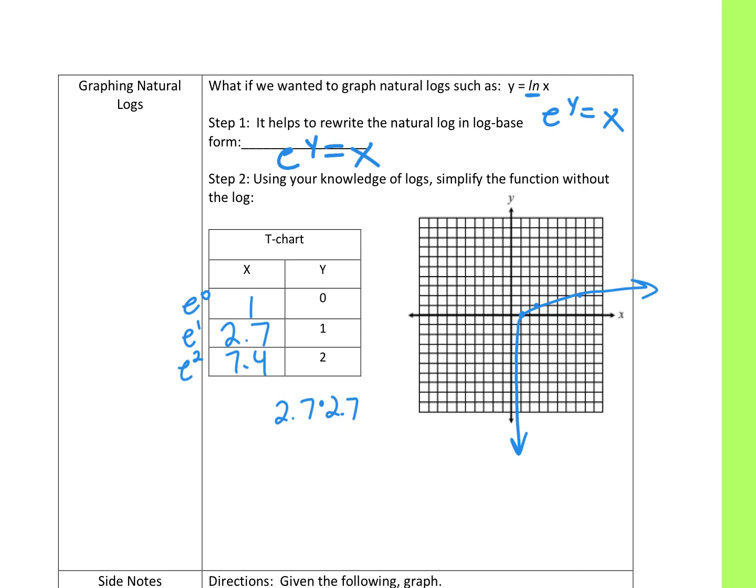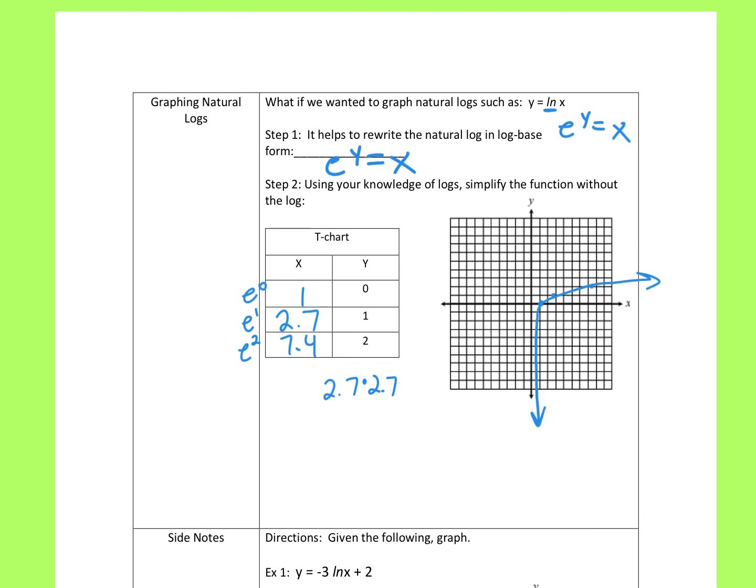So it's going to look like this. Doesn't that look like what we just graphed? It just has a base of 2.718, right? That's what this means. And my asymptote would be 0, because again, we set that x value equal to 0.